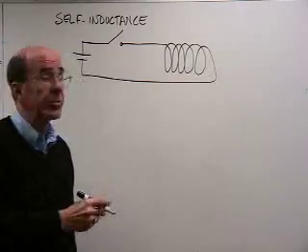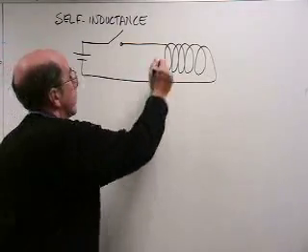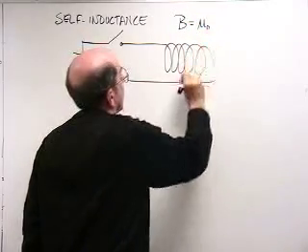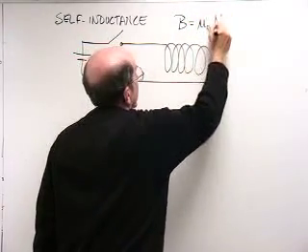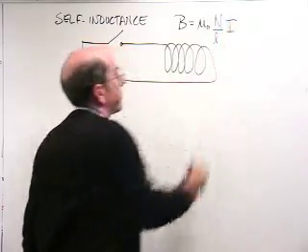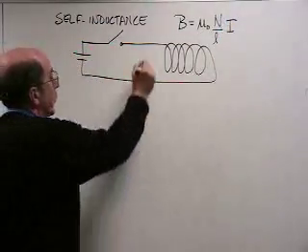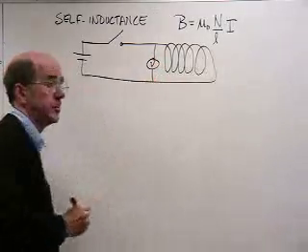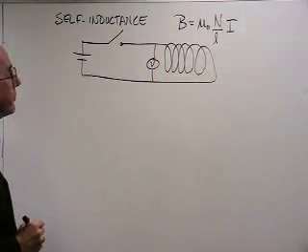We're going to assume this coil is a long coil so that the B field is equal to mu 0 times the number of turns per unit length, N over l, times the current through it. And we're going to measure the voltage across that coil right there with a voltmeter.